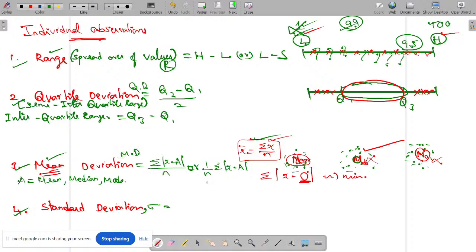For standard deviation, we have sigma as the notation, which is the square root of summation x minus x bar the whole squared, divided by n. If we square this deviation, what do you get? We call this variance. We write this as summation x minus x bar the whole squared by n.